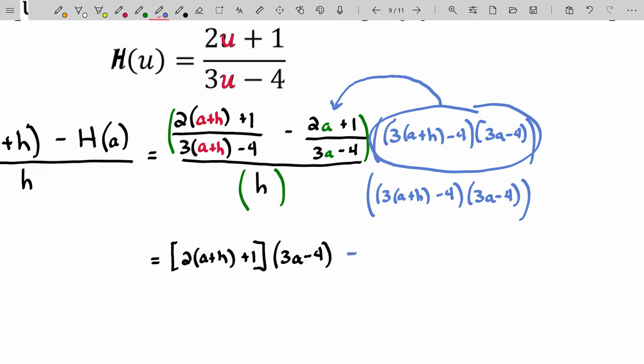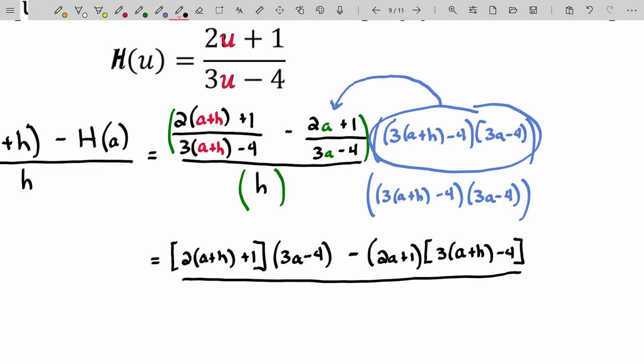So you have a minus, and remember when you have a subtraction going on, you definitely want to use parentheses after it. And we're left with 2a plus 1 times the quantity 3 times the quantity (a plus h), and then minus 4.